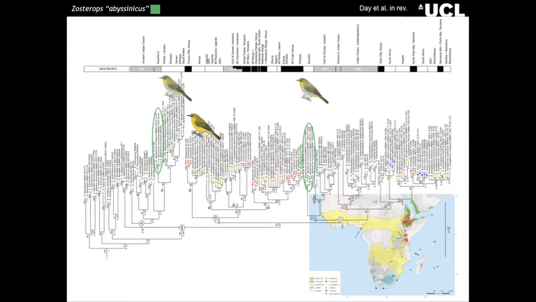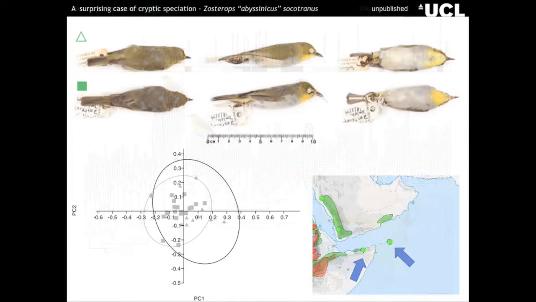This is Abyssinicus. One of these groupings has already been elevated to species status, I notice in Birds of the World, this yellow-bellied form. But I just wanted to highlight a case of cryptic diversity. What I've highlighted there are these two green circles, and these are both Abyssinicus socotranus, so it's described as the same subspecies.